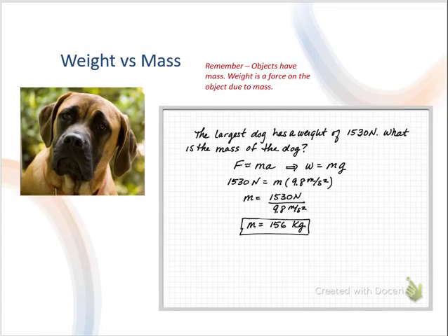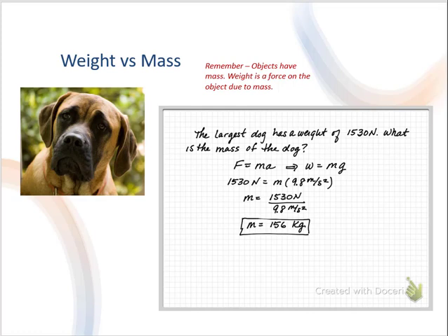So let's talk a little bit about weight versus mass. Since I mentioned weight is due to the force on the mass, and mass is the amount of stuff in an object. We've got an example here where we've got this big dog, and he has a weight of 1,530 newtons, and we want to know what the mass of the dog is. So mass is in kilograms, and weight is a force, so it's in newtons.